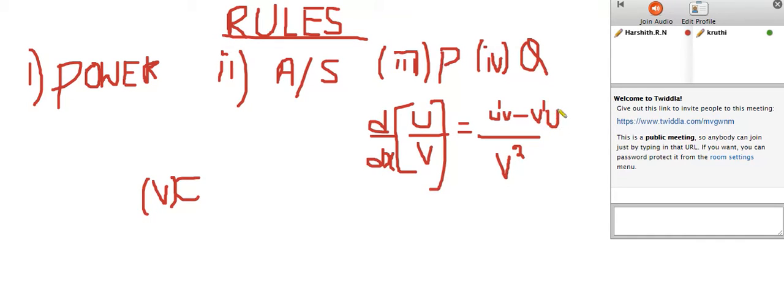Understood? And the chain rule is applicable when there is a function inside a function. f of x into g of x will be the product rule. If you use f of g of x, a function inside one function, in that scenario you differentiate the outside function and then differentiate the inside function, until you get to one, multiplying as you go.